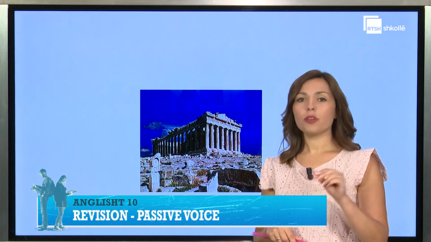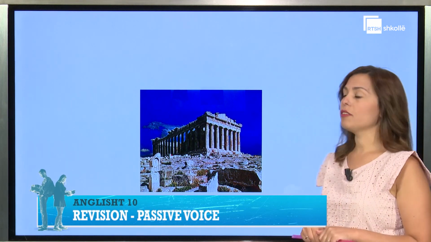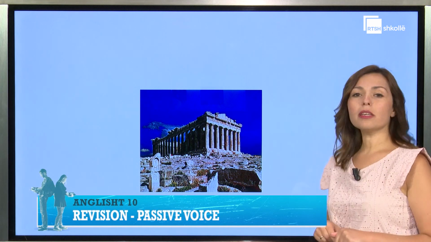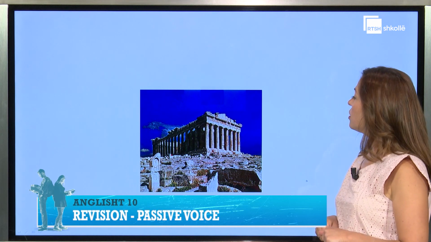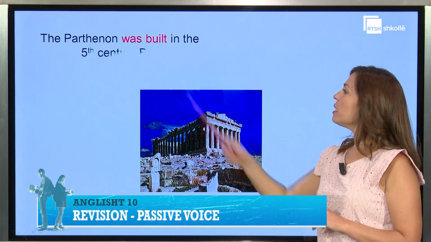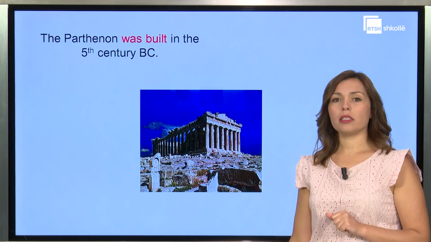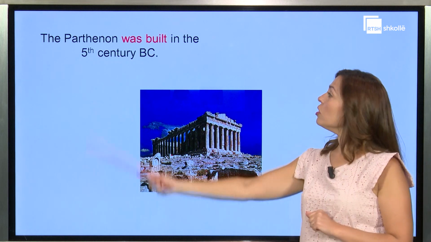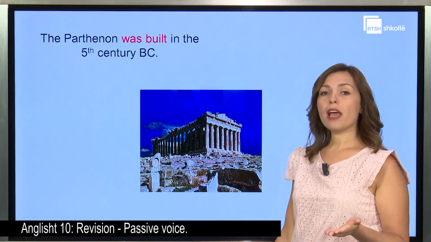What is that? You are going to tell me after taking a look at the sentence. Do you recognize this picture? It's the Parthenon. The Parthenon was built in the 5th century before Christ. The Parthenon was built. What do we have here?